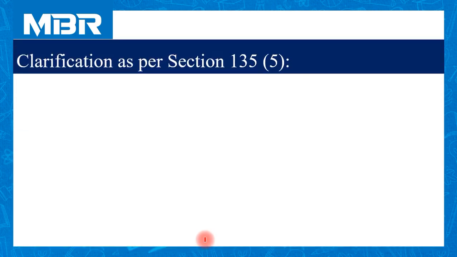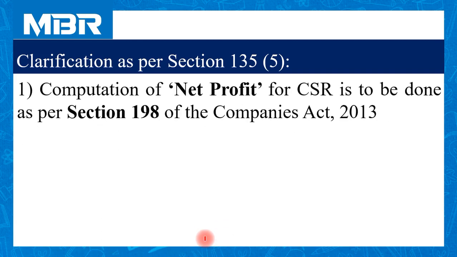Clarification as per section 135. Section 135 is applicable to the CSR. Subsection 5. First, computation of net profit for CSR is to be done as per section 198 of the Companies Act 2013. It is clearly mentioned.